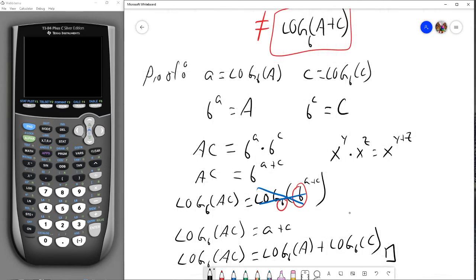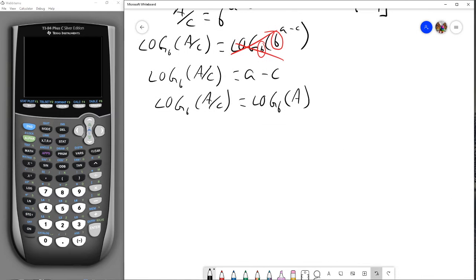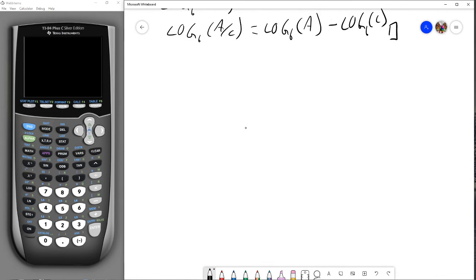So, with this comes new examples. What we want to do is practice combining and expanding log expressions. So, expanding.